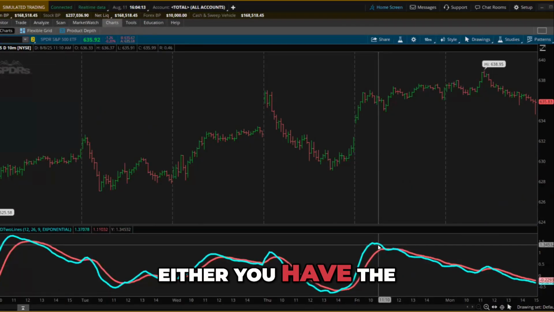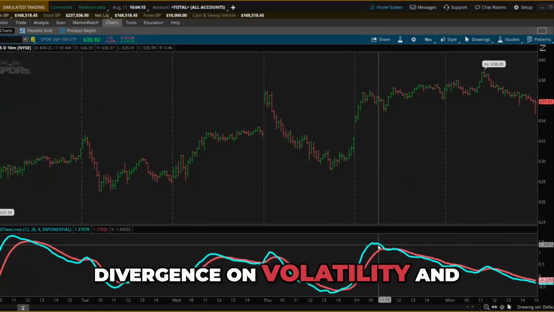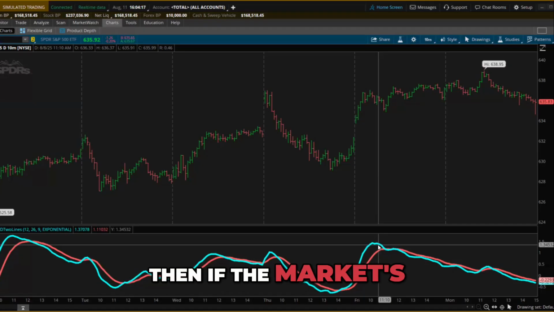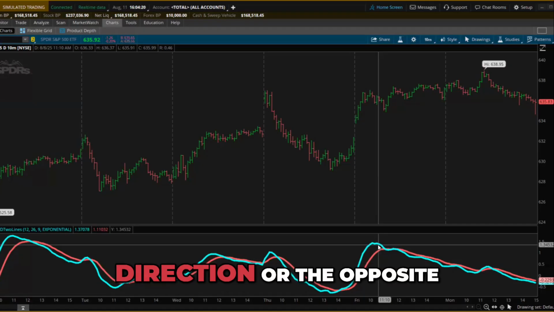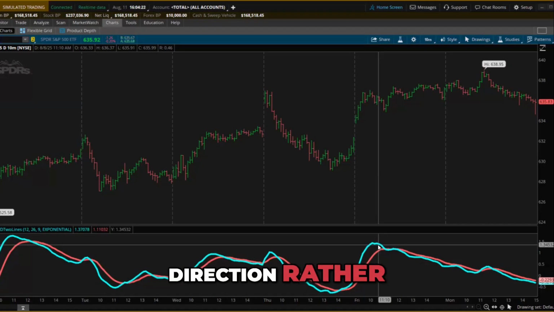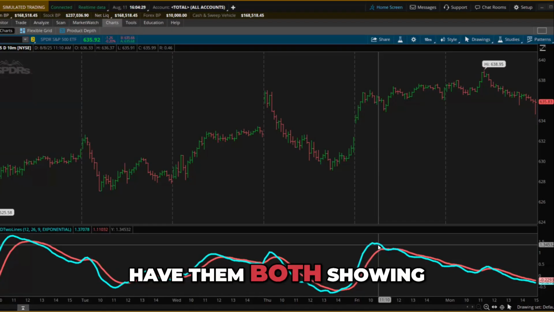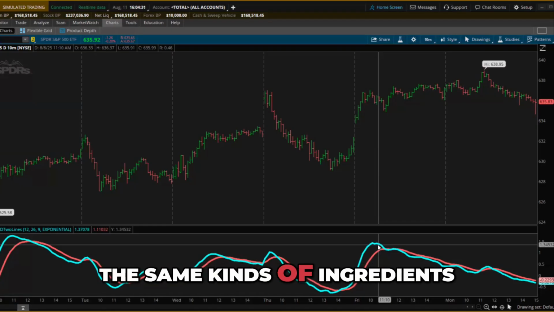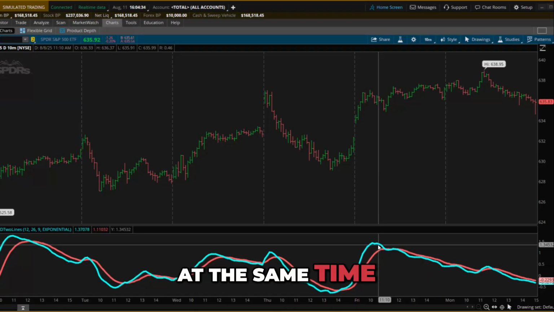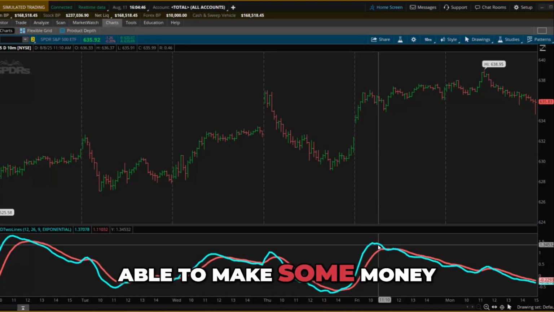Either you have the divergence on volatility, and then if the markets roll over in that direction, or the opposite direction rather, then you have something. We prefer to have them both showing the same kinds of ingredients at the same time. That's always preferable. But when we see the volatility index that has a clear divergence, then all we want to do is just be able to make some money.